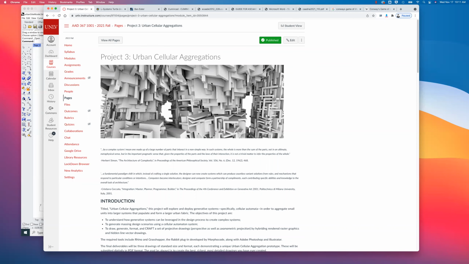And if that happened, it wouldn't necessarily be a bad thing. It's not like we're replacing ourselves, but it's this paradigm shift where computers become partners or interlocutors, right? The designer and the computer form a partnership of complements, each contributing specific abilities and knowledge in order to create architecture, this overall task of architecture.